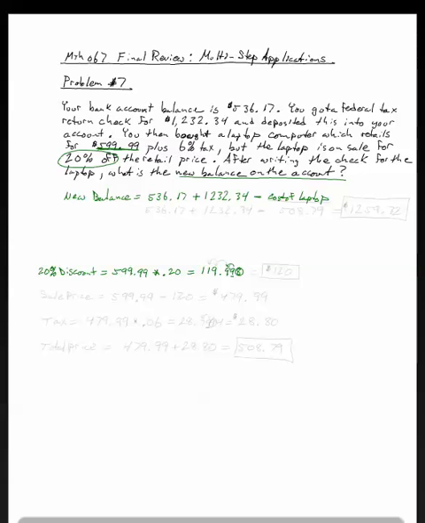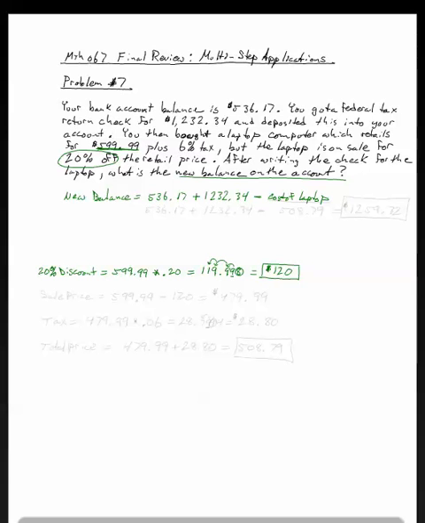Unfortunately, the next digit is also a 9, so we go to the next digit, which is also a 9. And so if we have $119.998, what we actually get, rounded to the nearest cent, is $120.